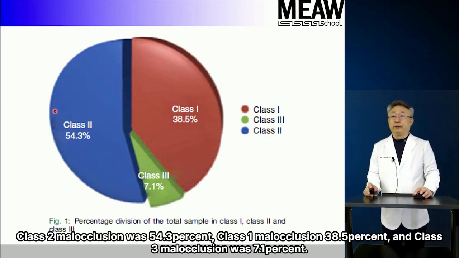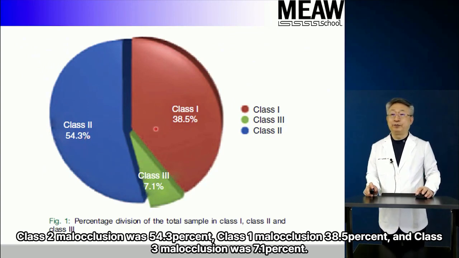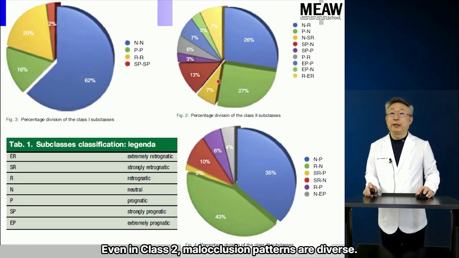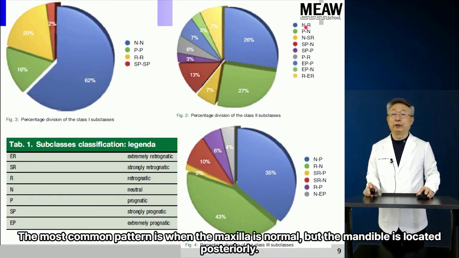Class 2 malocclusion was 54.3%, Class 1 malocclusion 38.5%, and Class 3 malocclusion was 7.1%. Even in Class 2, malocclusion patterns are diverse. The most common pattern is when the maxilla is normal, but the mandible is located posteriorly.